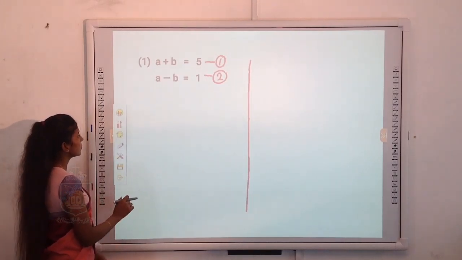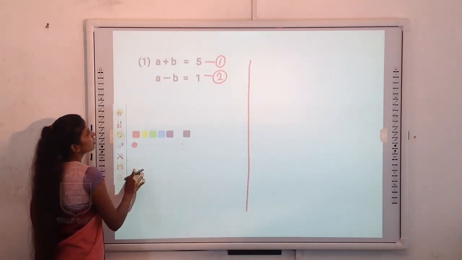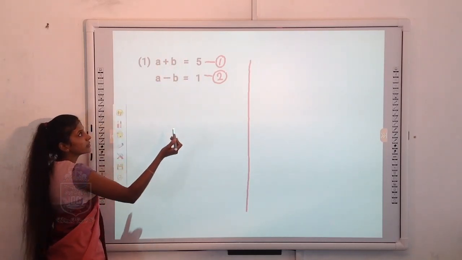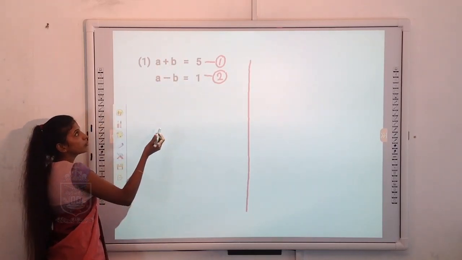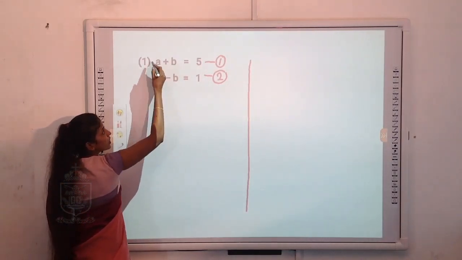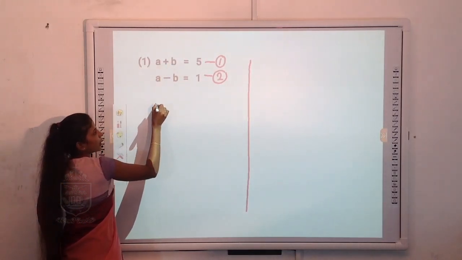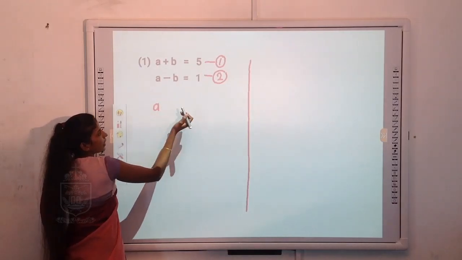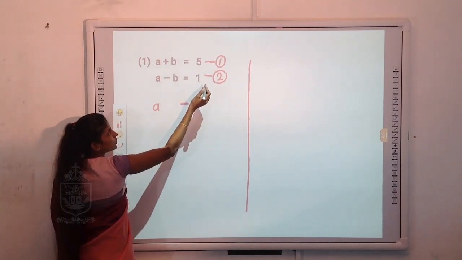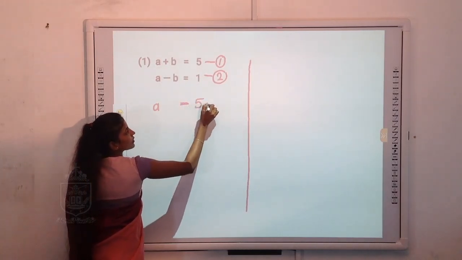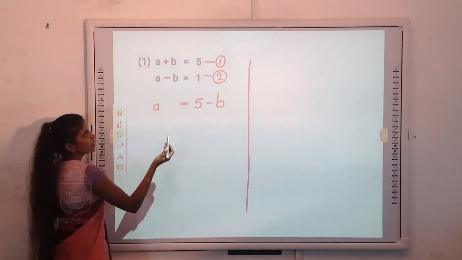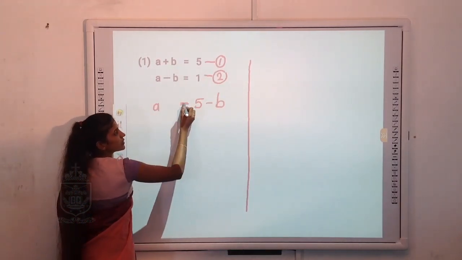So when you are substituting, let's select the first equation. I'm going to consider the first equation and I'm going to make A the subject. That means A can be taken as, if I remove B from that side, B will go to the other side as minus.